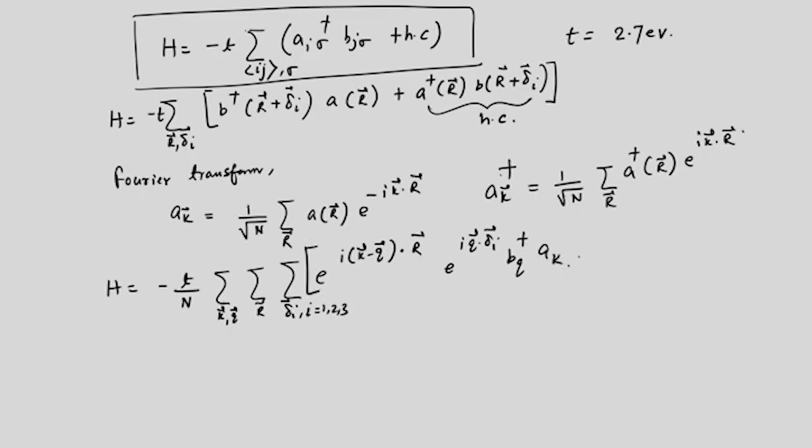So, we can write it down here as plus exponential i(k minus q) dot r, exponential minus i q dot delta i, and a q dagger b k. Okay. So, those are the 2 terms that we have written above, and now a little bit of simplification will have to be done.